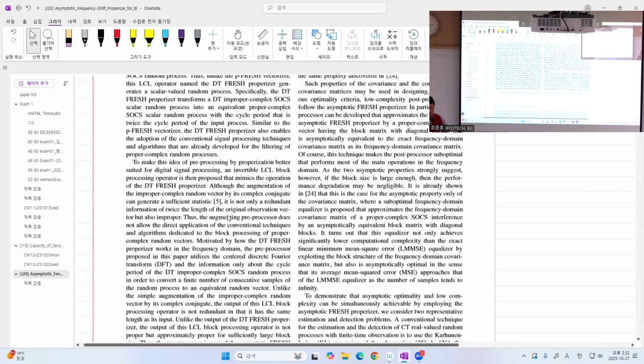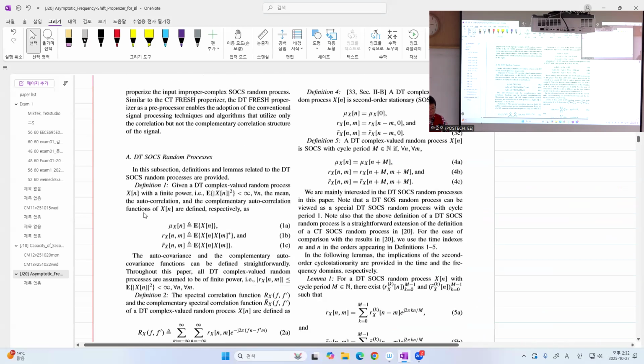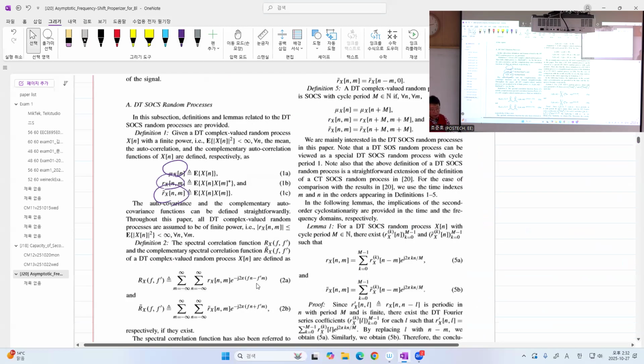So as you see here in many of the equations, we have again defined the mean, autocorrelation and complementary autocorrelation functions for discrete time random processes.